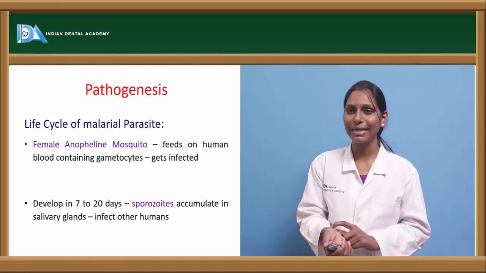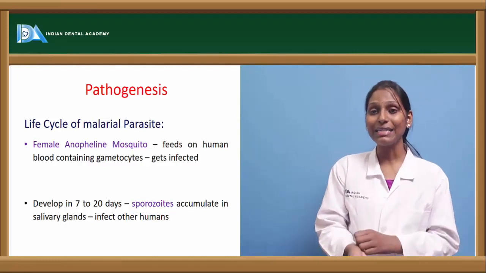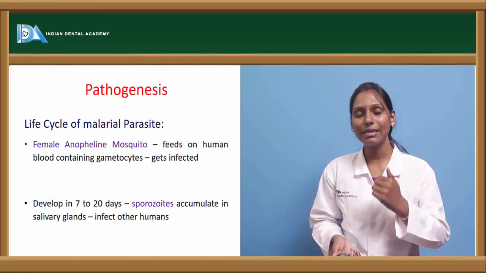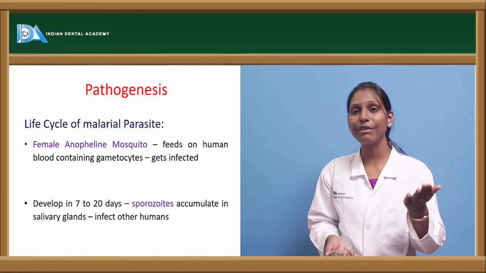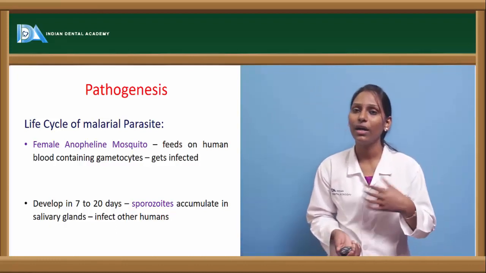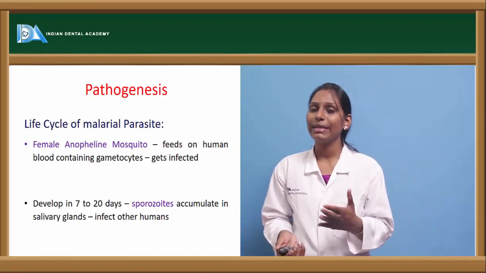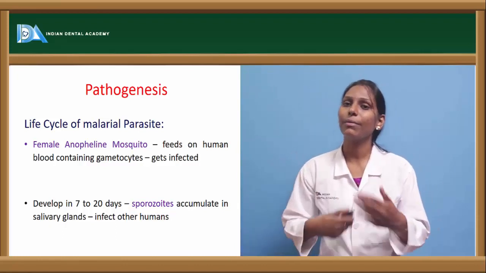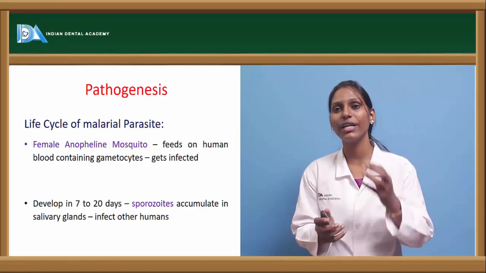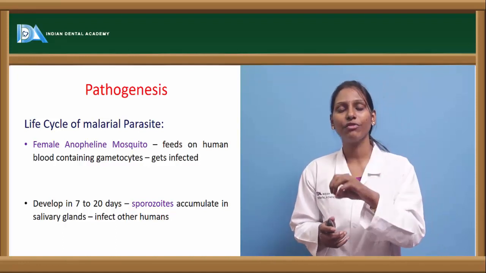When the mosquito bites and sucks the blood containing gametocytes, the mosquito becomes infected. These gametocytes develop in 7 to 20 days within the mosquito and multiply to give rise to sporozoites, which accumulate in the saliva of the mosquito.